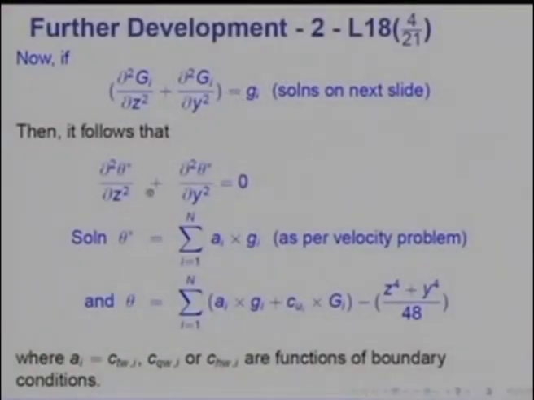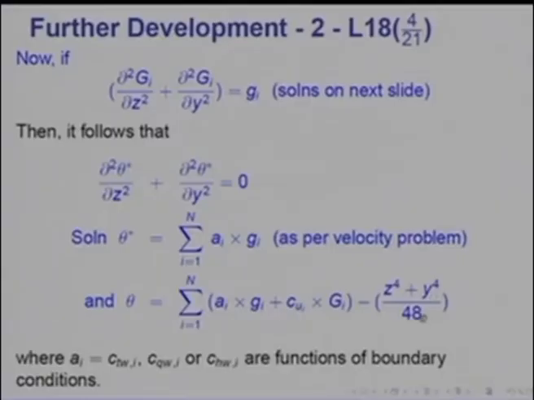So, the solution would be as before, as in the velocity problem: theta star would be a_i g_i, and theta would be a_i g_i plus c_i G_i minus z to the 4 plus y to the 4 divided by 48.